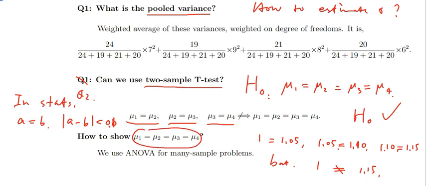We cannot use the two-sample t-test, so we need a new method, a new way. This new way we call ANOVA. So we will use ANOVA for many sample problems. Okay, so what is ANOVA?